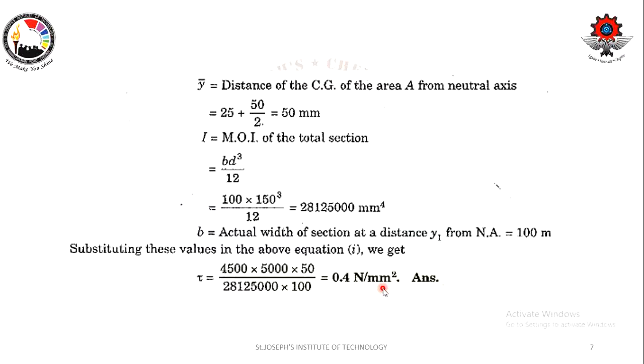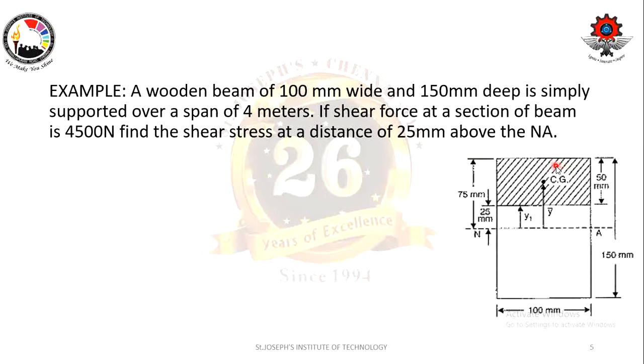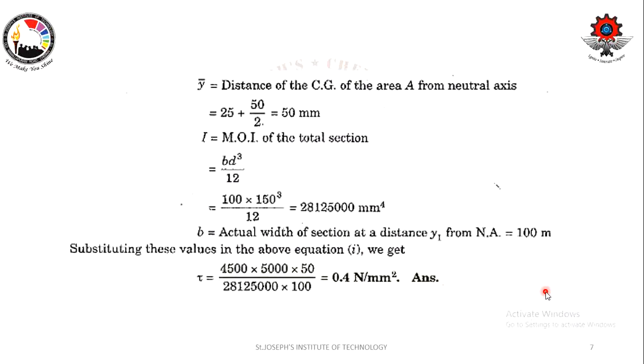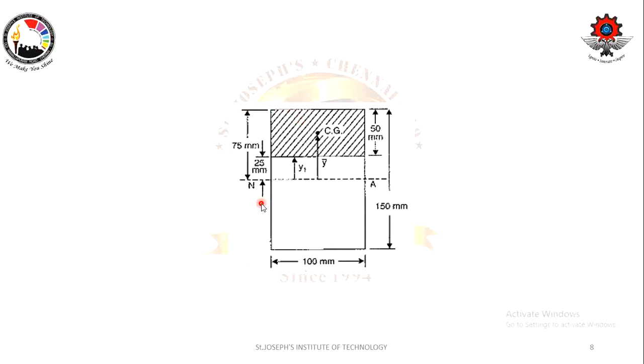What is the pattern of shear stress acting along the section of the beam? If you look at this section, we have found the shear stress at this particular junction to be 0.4.